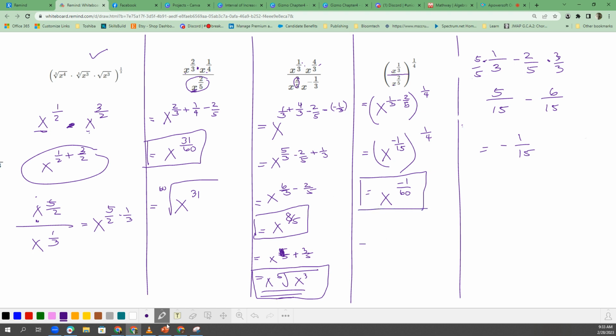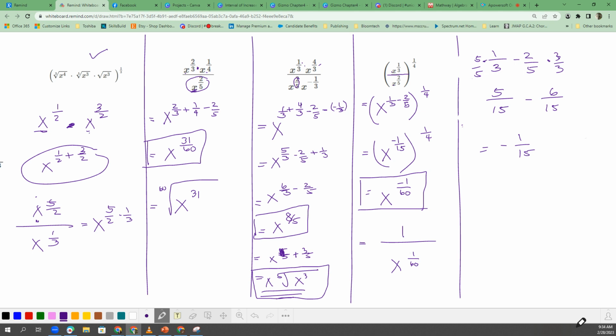In that case, you can rewrite it as 1 over x to the power of 1 over 60.